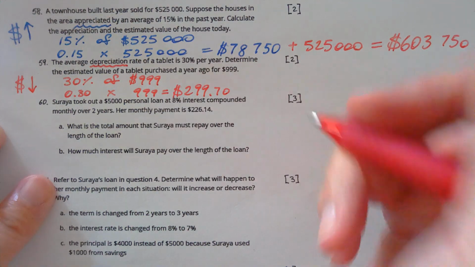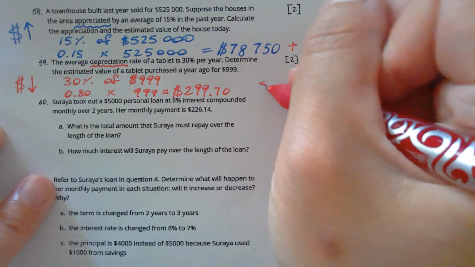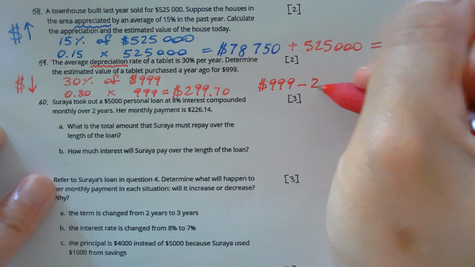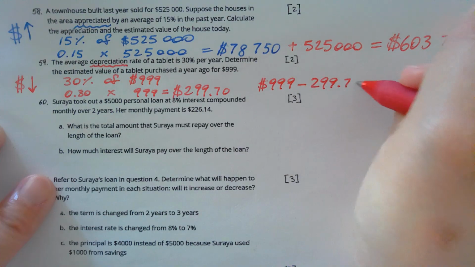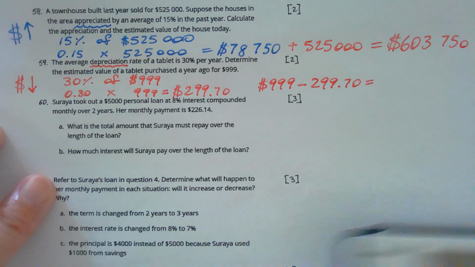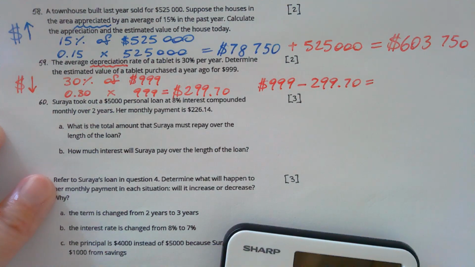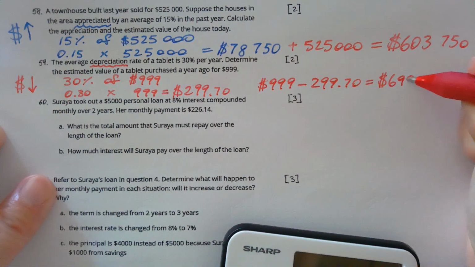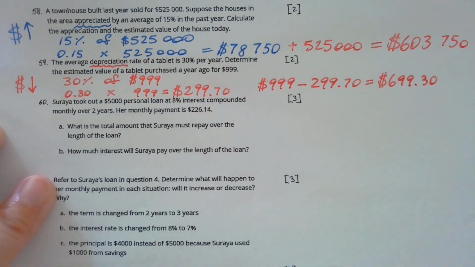No. That's how much it depreciates. So you have to subtract that value from the original price. So $699.30. Good. Okay. So do not invest in tablets, invest in houses.